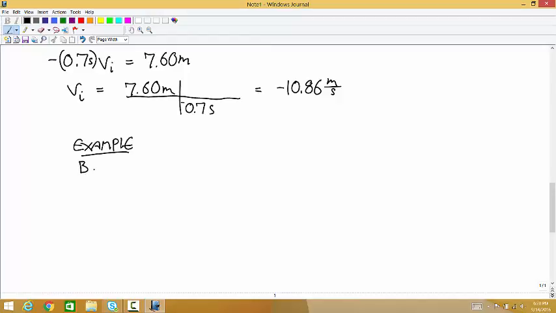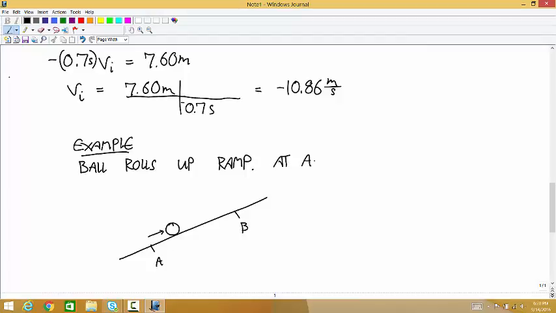Okay, so a ball rolls up a ramp. And there are 2 points, A and B. When it gets to A, the ball's speed is 5 meters per second.